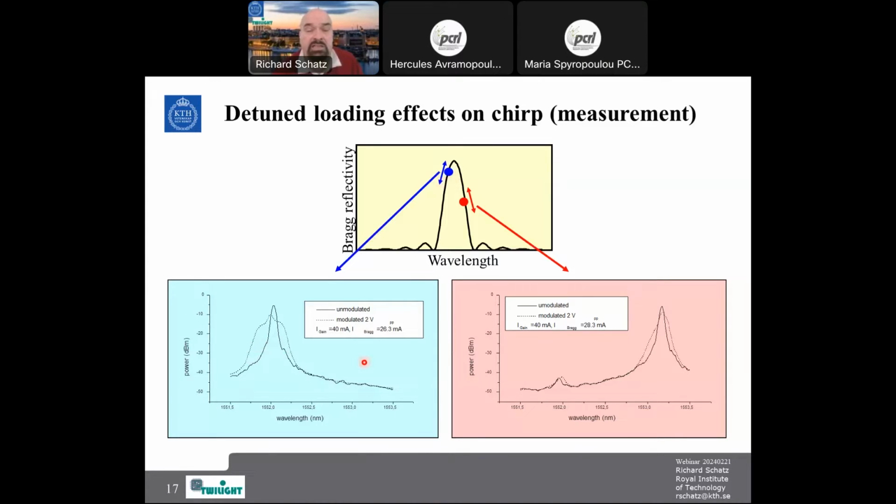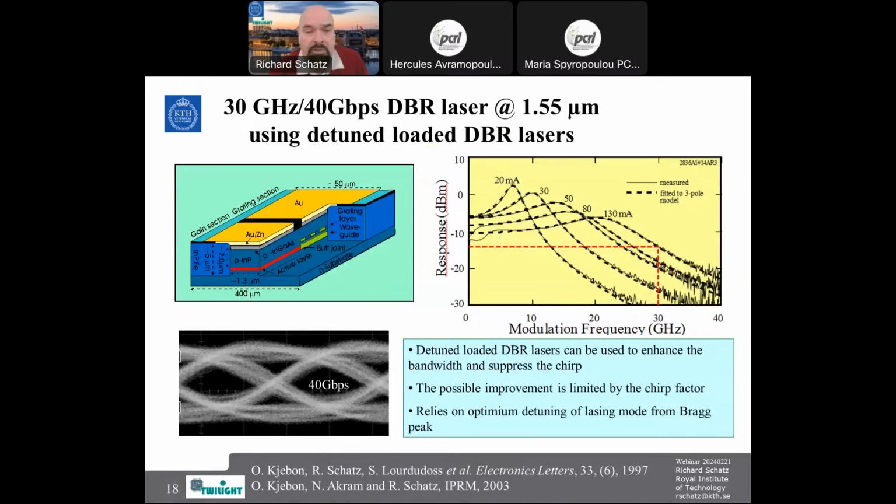So when you change the intensity of a laser, the frequency will not change so much, and this is also due to the higher effective differential gain. So with this, we published, this is a very old paper from 1997, but by utilizing this effect, we reached 30 gigahertz and 40 gigabit per second in DBR lasers in 1997.